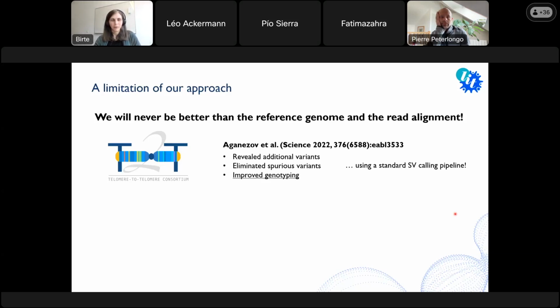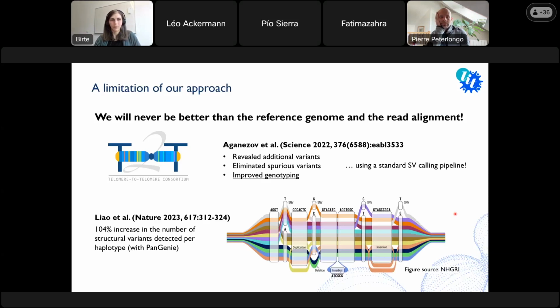So moving to this better reference genome will probably already help. And then using graph genomes, here is an example where some people have found twice as many variants using a pan-genome, though with a fancy approach for genotyping on a pan-genome graph reference.